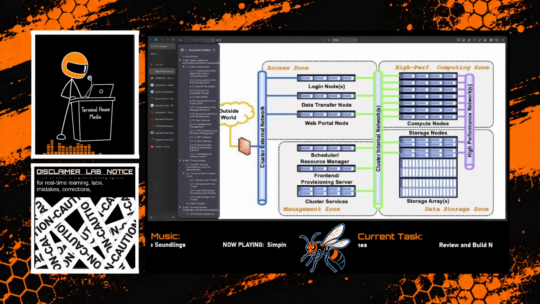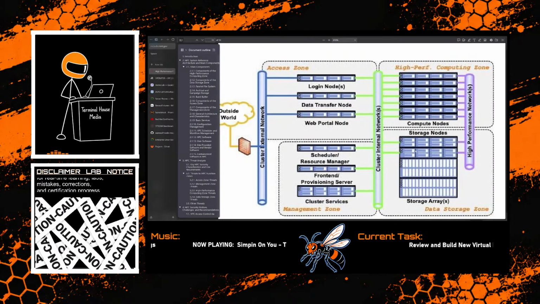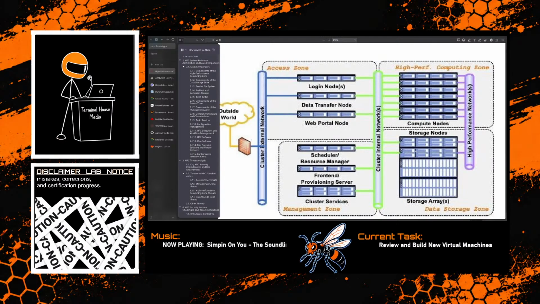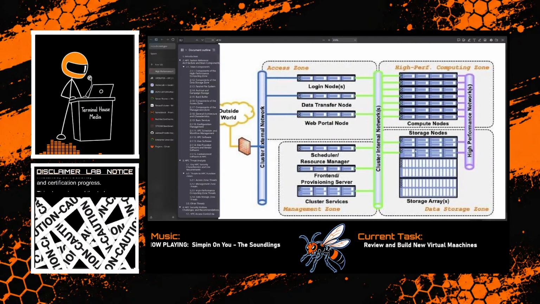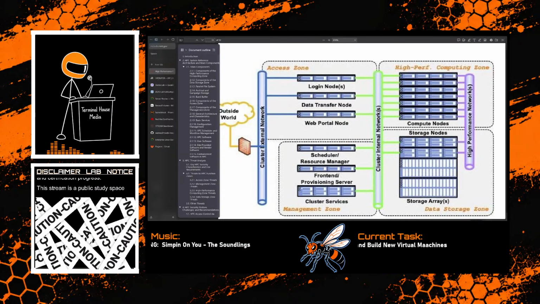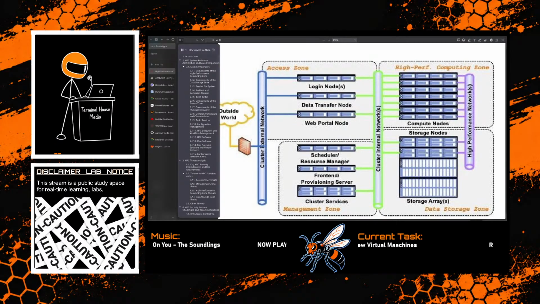You're going to see the login nodes, the data transfer node, and the web portal on this stack. And probably these are 1U servers or those 2Us. I can't tell if that's indicating 1 or 2. No, because this looks like a 4U right here. So maybe these are 2Us.